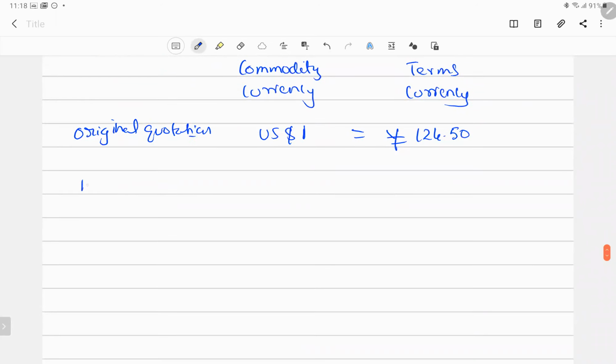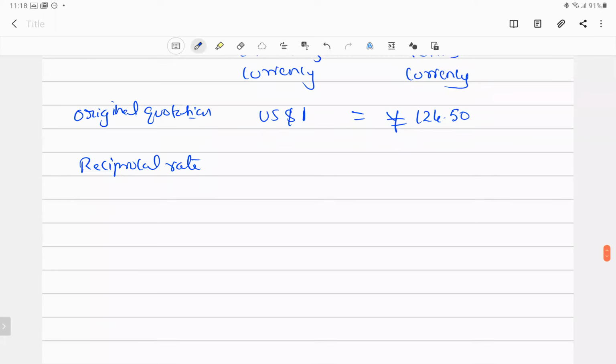Right now, I need the reciprocal rate of the original quotation. So what you will be doing, I need 1 yen. So 1 yen will be US dollar 1 divided by 124.50. You have a calci with you.